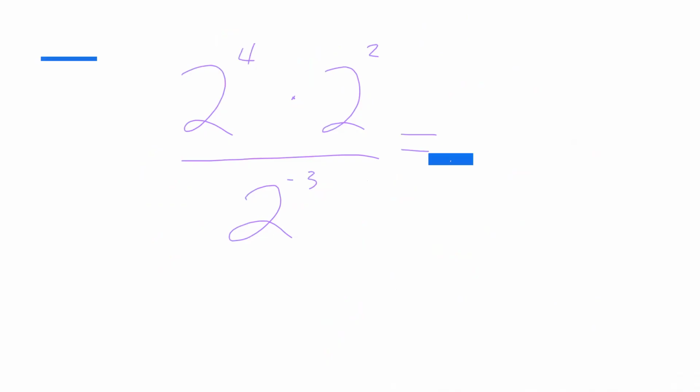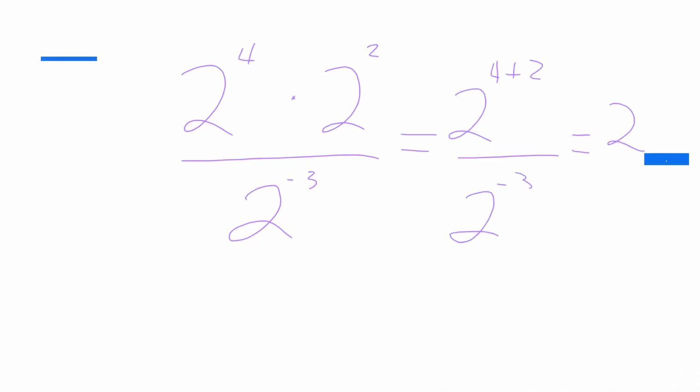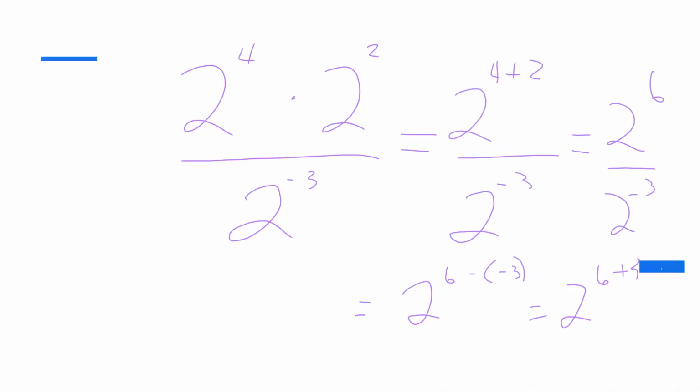I'm going to deal with the top first. 2 to the power 4 times 2 to the power 2 is 2 to the power 4 plus 2. This gives me 2 to the power 6 divided by 2 to the power negative 3. Now I'm going to apply the quotient rule: 2 to the power 6 minus negative 3, which gives me 2 to the power 6 plus 3, which gives me 2 to the power 9. So I've applied both the quotient rule and the product rule.